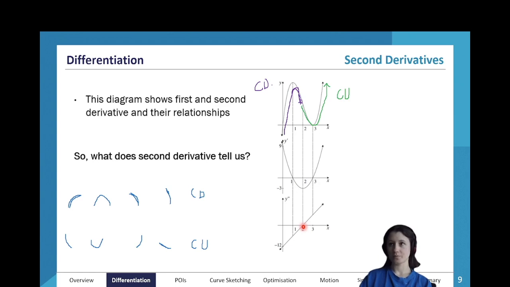All right? And what you might also be able to tell is that where our curve is concave down, our second derivative is below the x-axis, and where our curve is concave up, our second derivative is above the x-axis. And then when it switches over, we have an x-intercept. So hopefully this will give you a little bit of a hint as to what we're going to look at in the next topic.